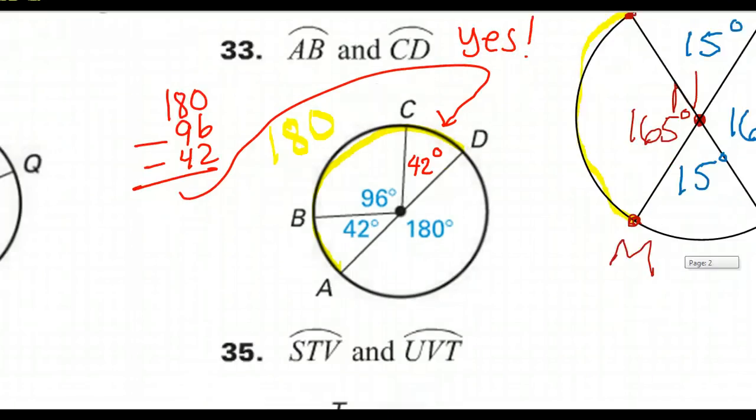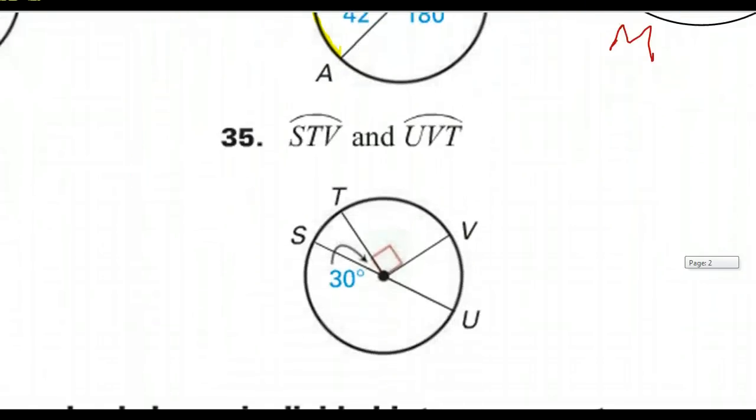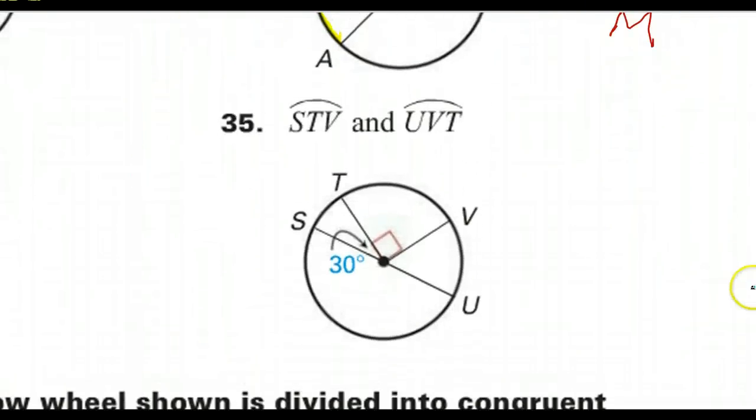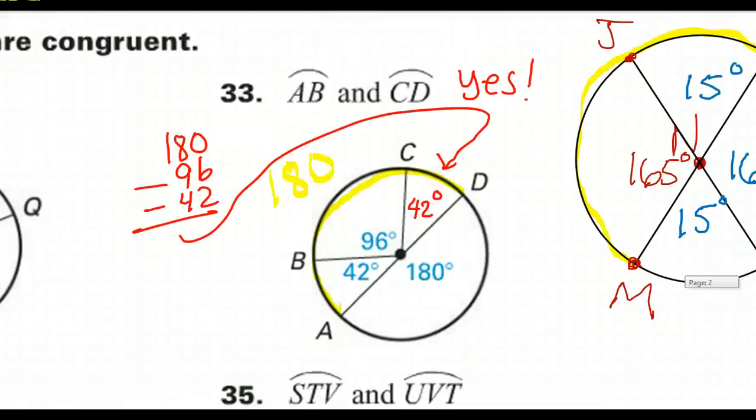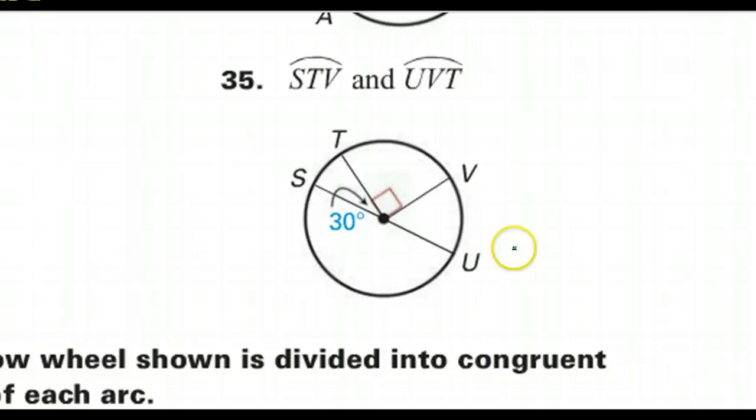All right, and we have arrived at the last problem of this assignment. Once again we're supposed to tell if these are congruent or not. They don't look congruent, but sometimes drawings are not to scale.